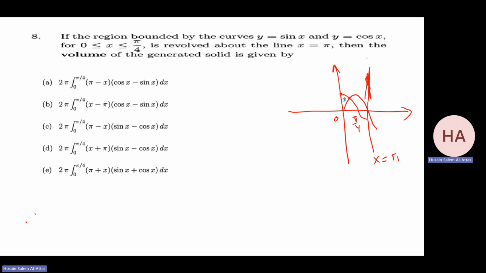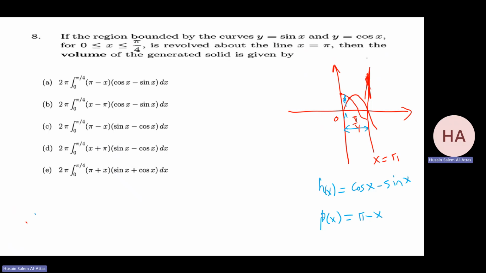So I do the line parallel to this, like this. So h of x will be what? Cosine minus sine. The upper will be the cosine in this region between 0 and pi over 4. And b of x, be careful. If this is x, I need this distance, which is pi minus x.